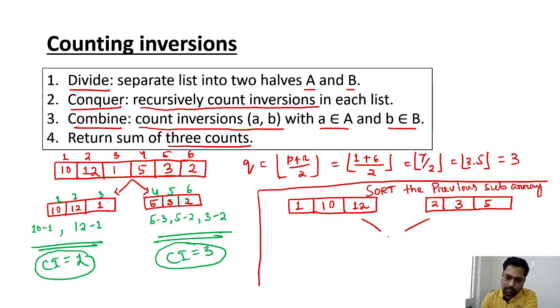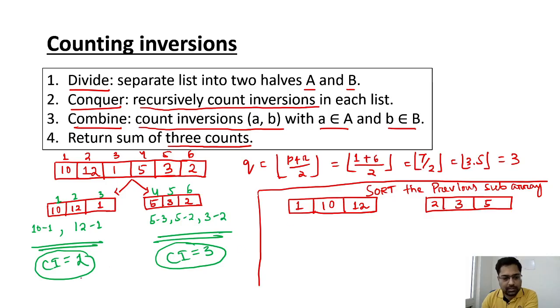When we are doing the combining, we need to count the inversions for it. It's better not to keep the elements in an array; we must write the inversions.